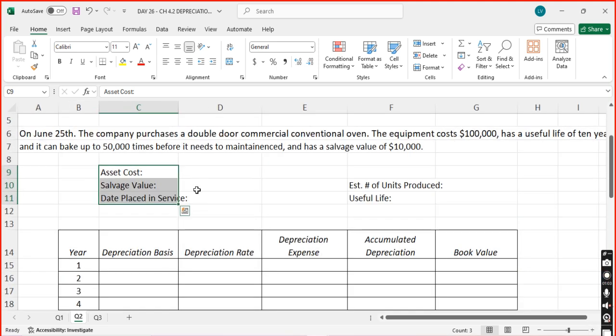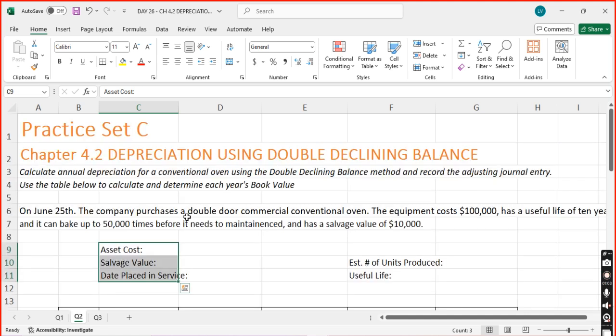So let's go ahead and do the next example here. So example number 2. Once again, you're going to calculate the annual depreciation for a conventional oven, using the double declining balance method, and also record the adjustment entry. Use the table below to calculate and determine each year's book value.